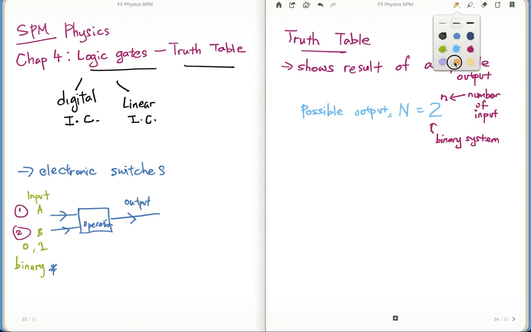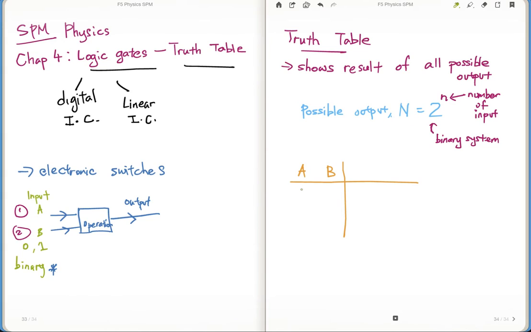Then, let's say you have input A and input B. I will set up the table. One way is to list down A and B, like switching on a switch. You have 2 switches to control 2 different light bulbs.